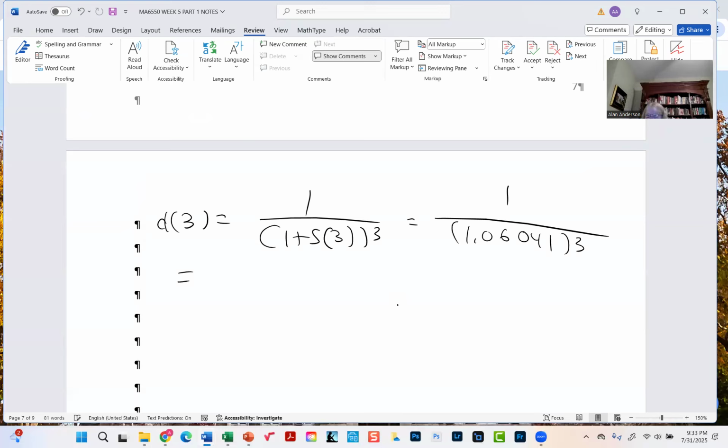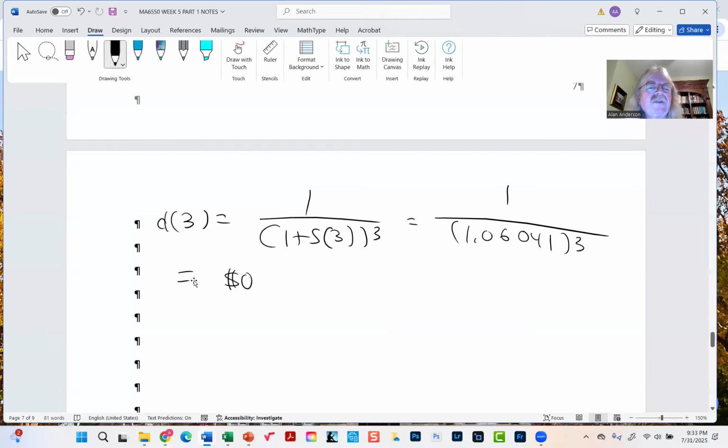And that's 0.8386. Actually, the discount factor doesn't have a dollar sign. That's our interpretation of it. The discount factor is just a fraction.